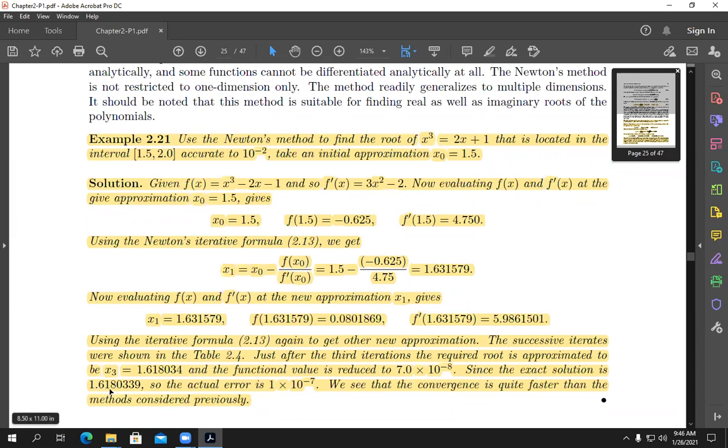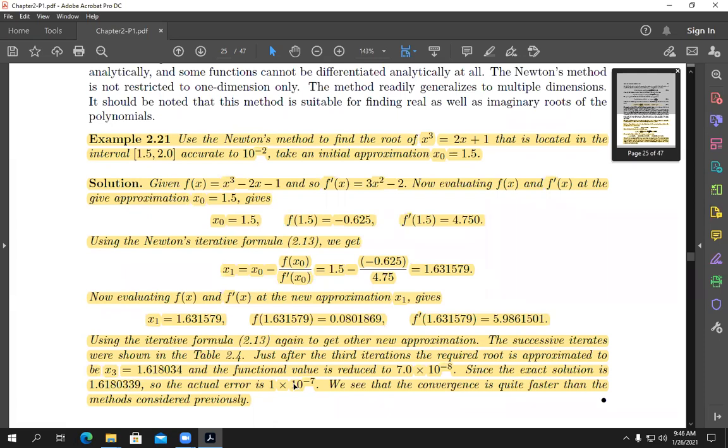Why do I give you this? Because I want to compare your answer with this one. So you can see this approximation, this is exact, and you take the difference, it is 10 to the minus 7. So you can see the Newton method converges very, very fast. Just after 3 iterations, we get accuracy 10 to the minus 7.